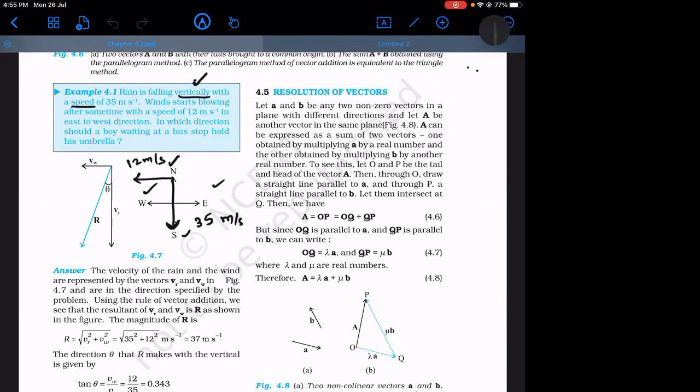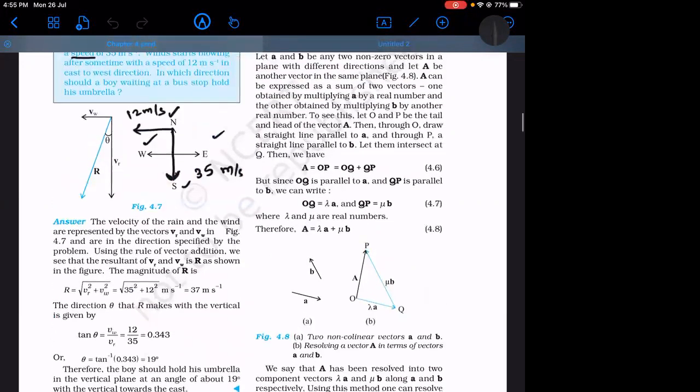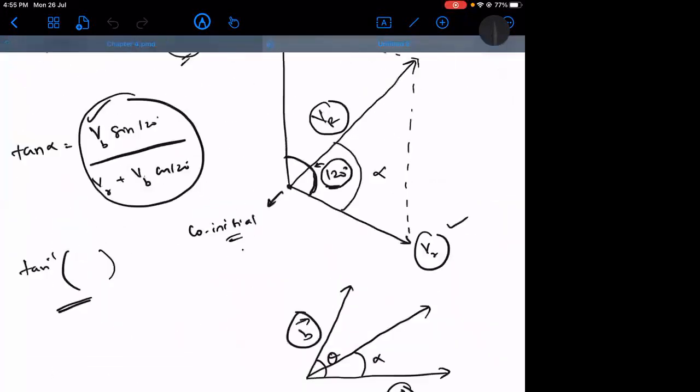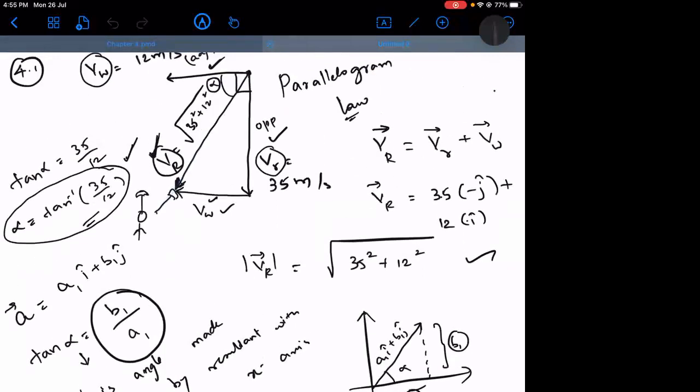Here we wrote tan theta is equal to 35 by 12, right? No, I wrote 12 by 35. I didn't write anything. So you wrote 35 by 12 with respect to wind. Yeah, I took this as alpha. I wrote tan inverse of 12 by 35 with respect to alpha. Okay, sir. Got it.